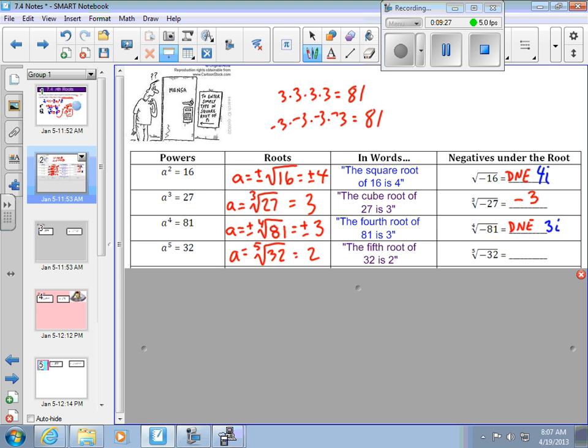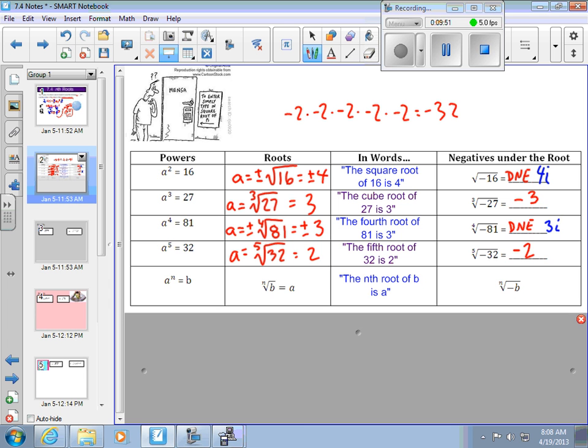The 5th root of 32 is 2. All right, so is there an answer for the negative one? Yes, if you multiply negative 2 five times, you would get negative 32. So this one does have an answer of negative 2.